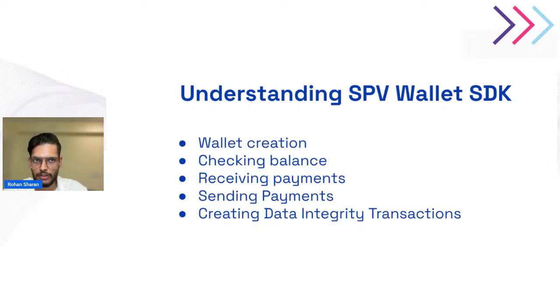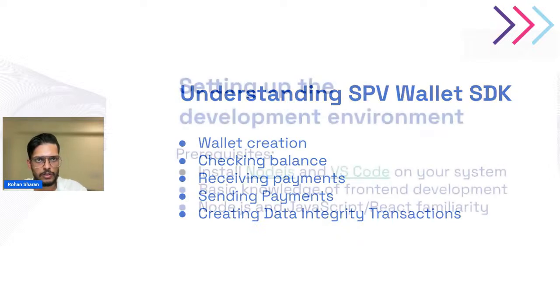And that would receive payments or Satoshis first from me, and a faucet link that I'll share where you can receive Satoshis and fuel up your wallet with Satoshis to send to your users if you require, or pay the transaction fees that would be also required. And then you can send payments to other users in your vicinity, any other wallet that you create also, or any of your batchmates. And then we'll be creating the data integrity transactions. Sounds good?